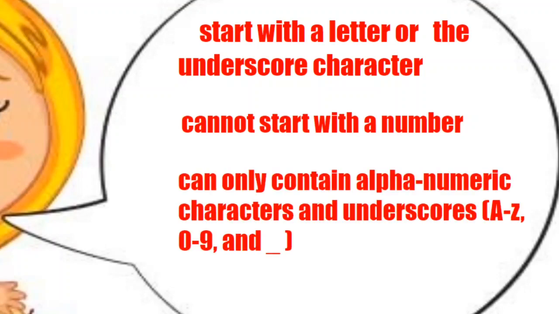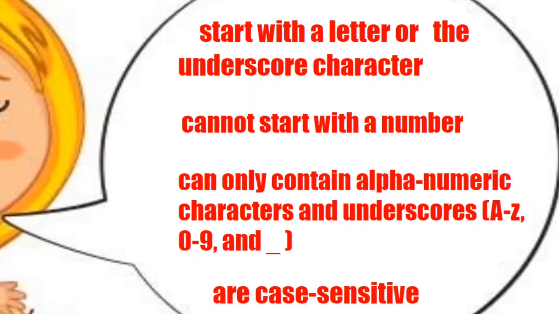It can only contain alphanumeric characters and underscores. Well, what does alphanumeric mean? Well, alphabets and numbers. And variables are case sensitive. So these are the rules that you should follow while writing a variable.